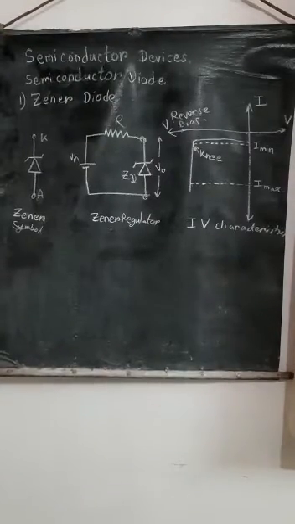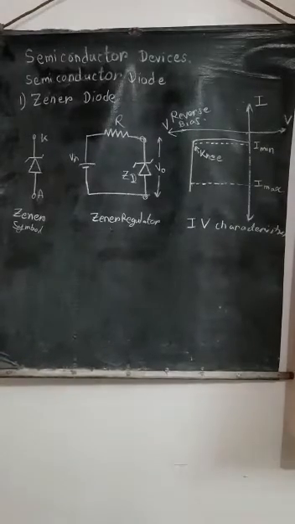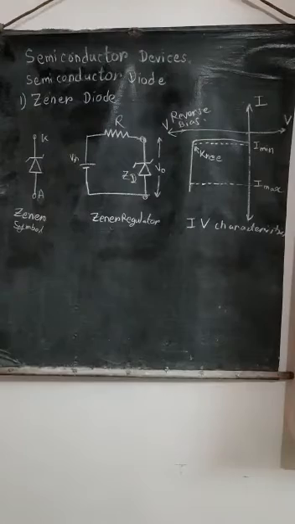Initially, as voltage across the Zener increases, the current through the Zener is very small. And at a particular voltage Vz, means knee voltage Vz, the Zener diode goes into breakdown. वो breakdown में चला जाएगा.